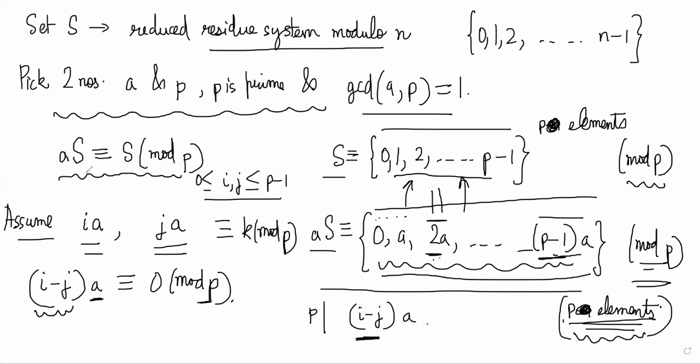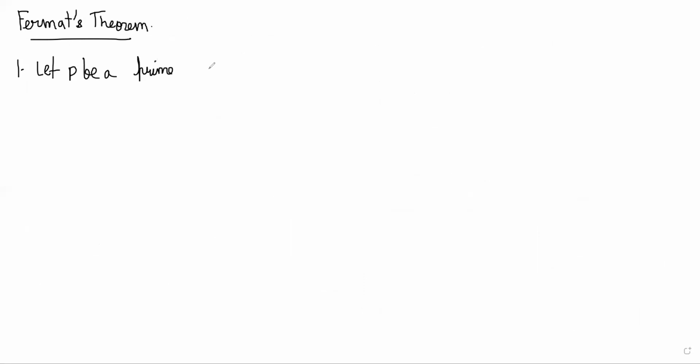And once we have the proof here that AS is congruent to S mod P, we can now use this proof to get things like Fermat's theorem. For Fermat's theorem, what we will do is let P be a prime and consider S equal to the set 1, 2 till P minus 1.